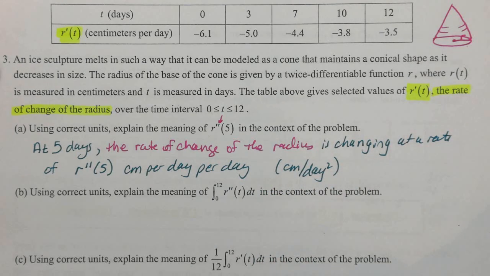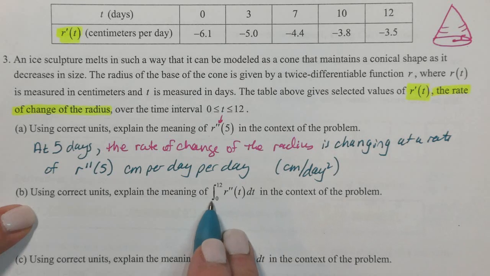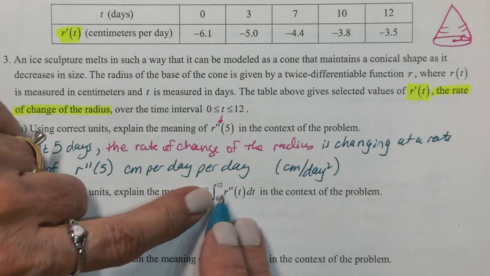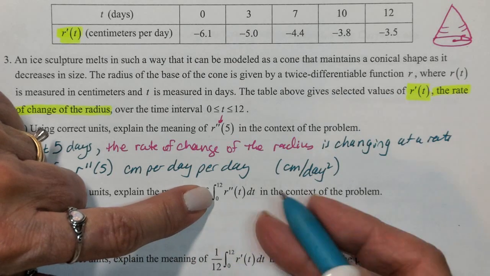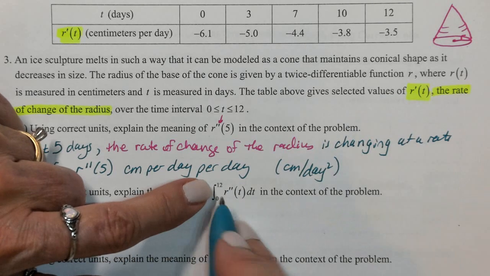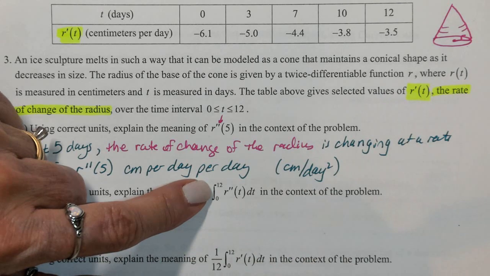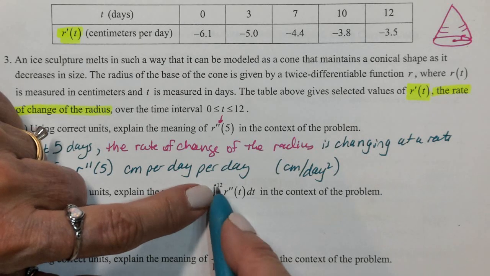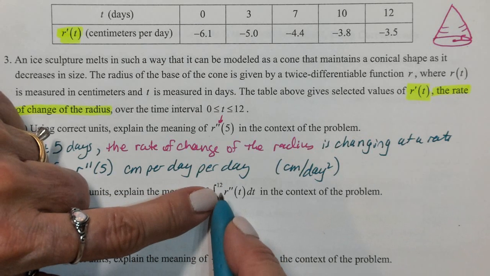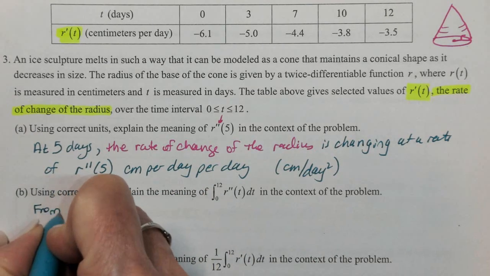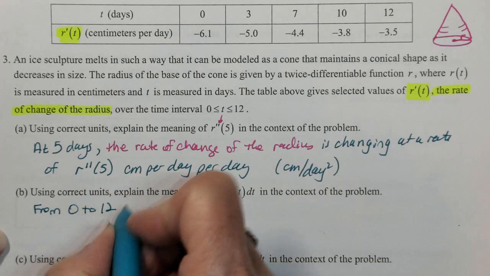Okay, either one. Using correct units now, let's explain the meaning of the integral of r double prime. Well, the integral of r double prime is going to give us back r prime. The antiderivative of r double prime is r prime. We go back a derivative, yeah? So this is the change in r prime from 0 to 12 days.